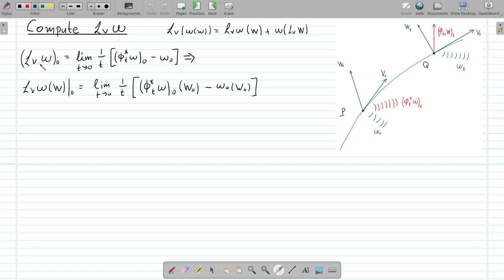So the definition of the Lie derivative of omega with respect to v at the point P is given by this relation here.